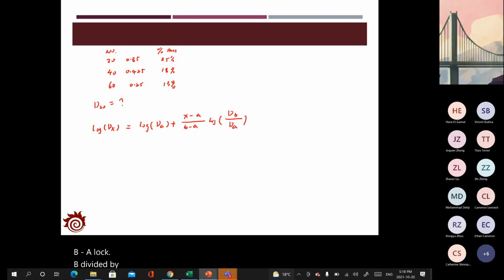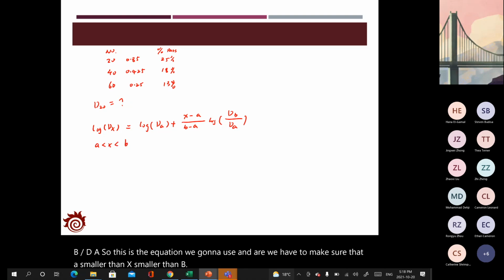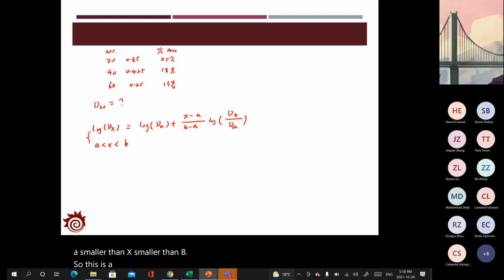This is the equation we are going to use, and we have to make sure that A is smaller than x, and x is smaller than B. This is the condition for using this formula. In this case, x equals 20.